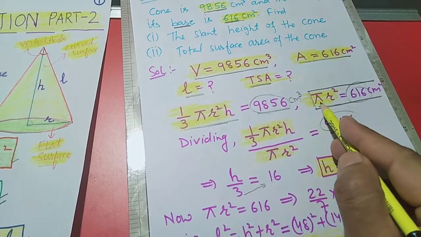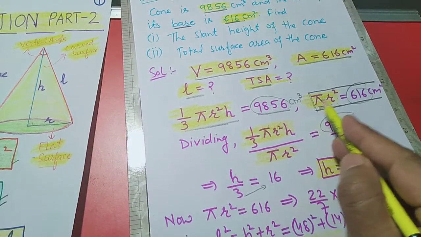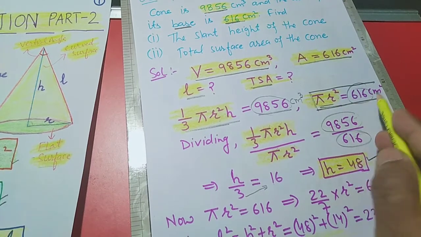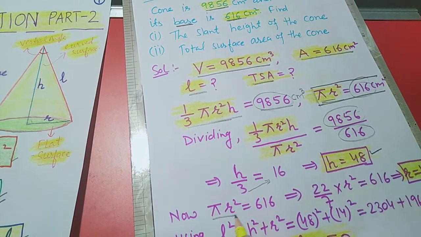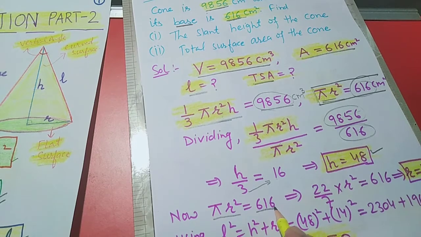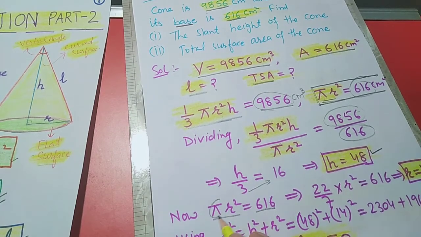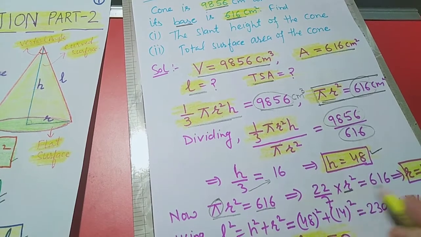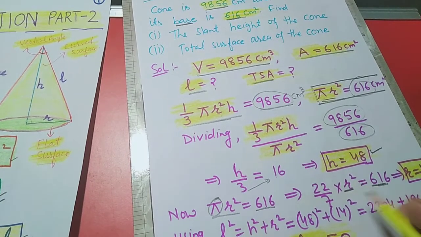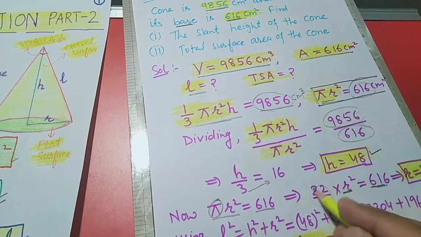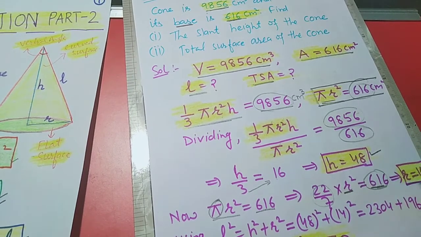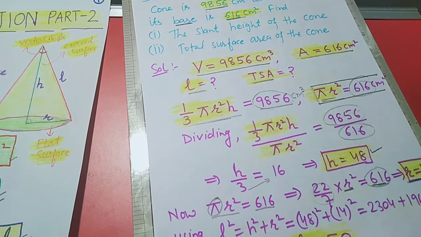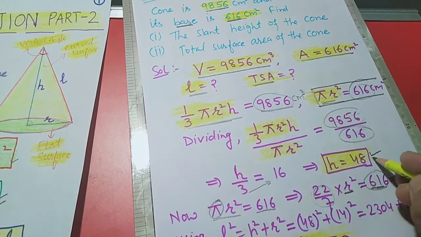Now again we will use the same formula, because pi r square is given as 616. We put the value of pi, that is 22 upon 7 into r square is equal to 616. After calculating, we will get r is equal to 14 centimeter. So now we have r, we have h.